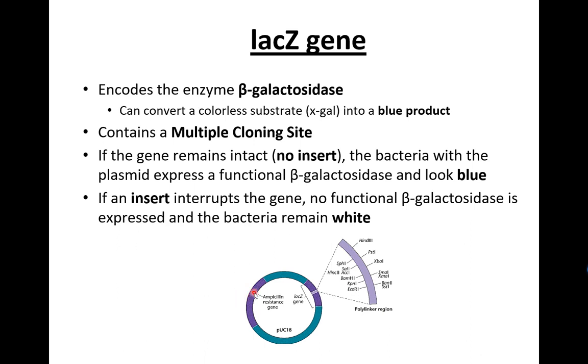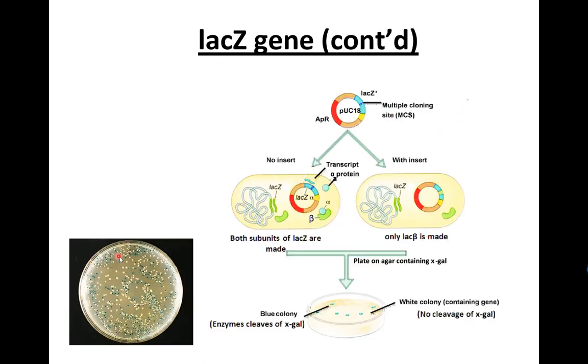However, not all of them would have inserted what you want. Those that don't have anything inside will still be producing the beta-galactosidase, so they will still be producing the blue product. So now you know that these colonies of bacteria here in blue don't have your insert, whereas the ones that have it are white. They don't produce beta-galactosidase.